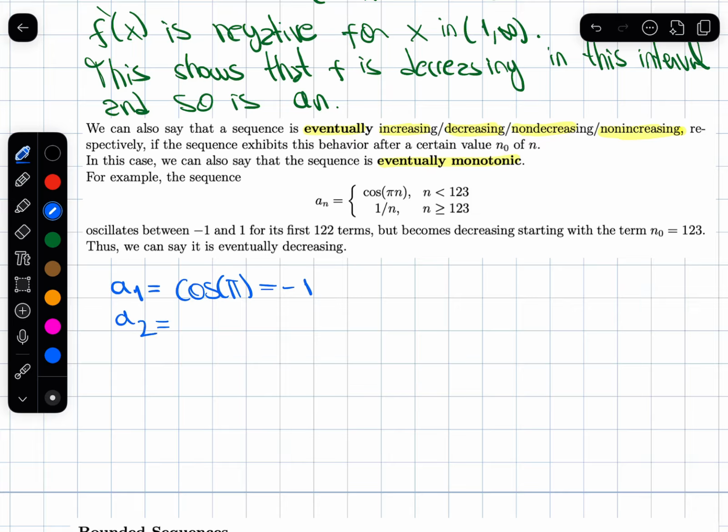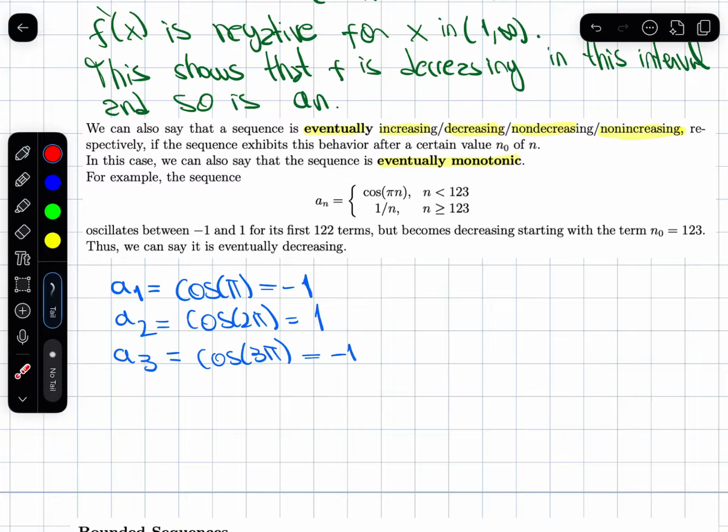So a_2, though, is going to be the cosine of 2 pi, so n equals 2, n is still less than 123. And so that'll be the cosine of 2 pi, which will be 1. So right now, the sequence increased from one term to the next. And so a_3, however, is going to be the cosine of 3 pi, which will be again -1. So the sequence increased first and then decreased again.